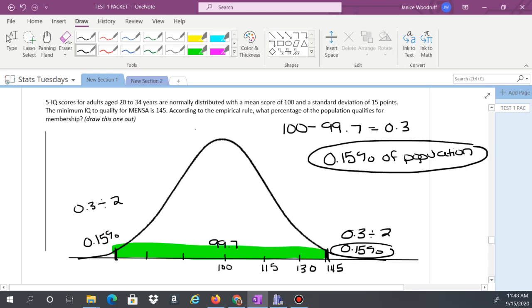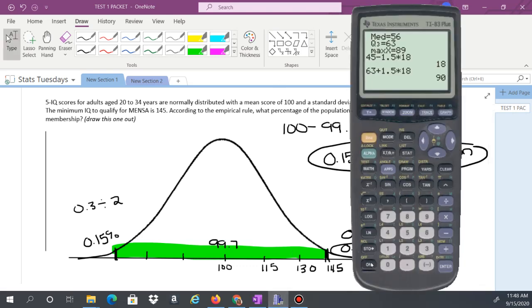Now think about that. How many people are in that age group? Probably what, 150 million? 0.15% would be 0.0015. So roughly 225,000 people. That's a lot. So it's not impossible. It's a very small percentage, but not impossible at all.